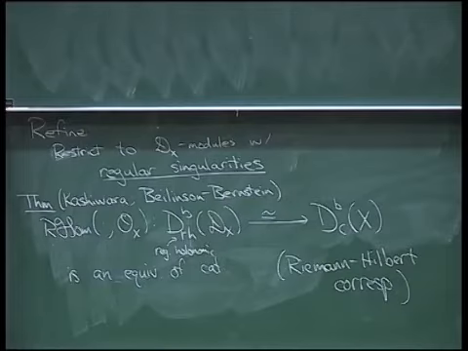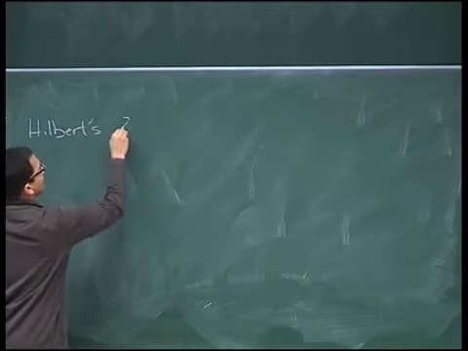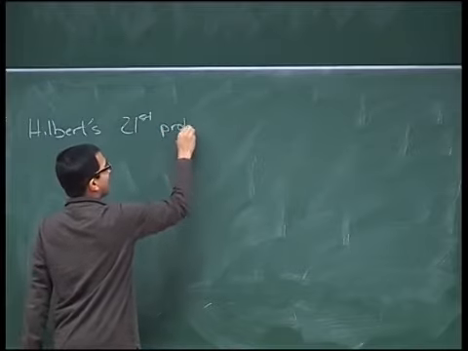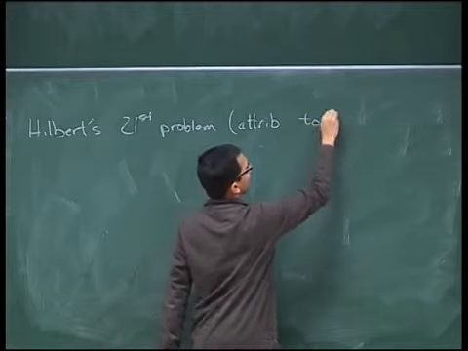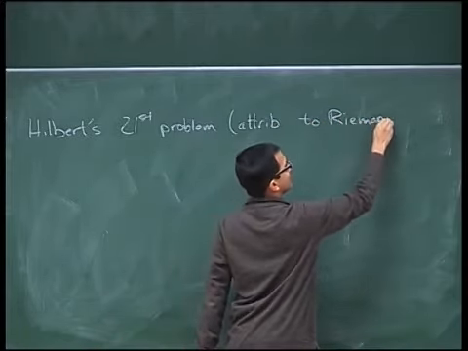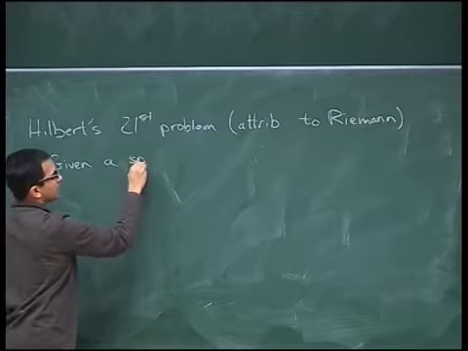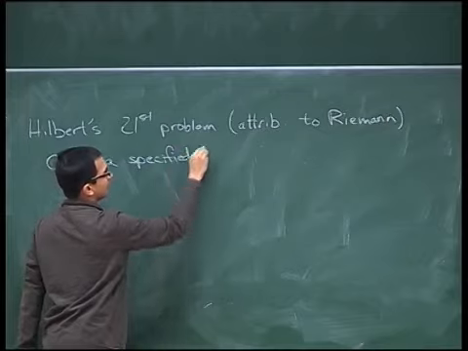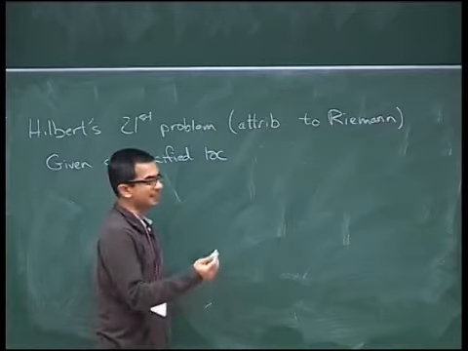It turns out that this has to do with Hilbert's 21st problem, which is roughly the following. So this is Hilbert's 21st problem, and Hilbert, in his statement of the problem, attributes the problem to Riemann. The problem basically says, given a specified local system, and of course he didn't use the language of local systems because sheaves were also not defined until the 1940s, maybe.